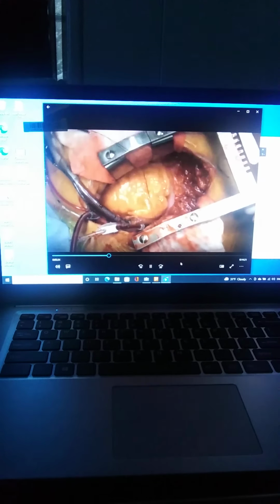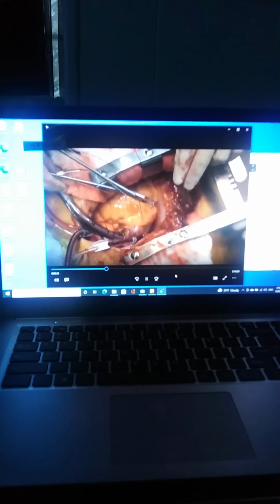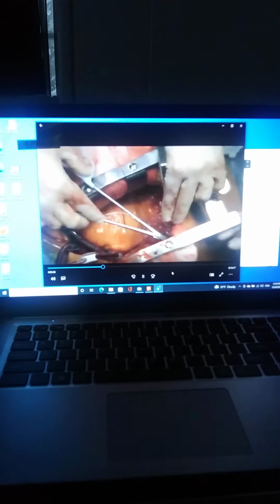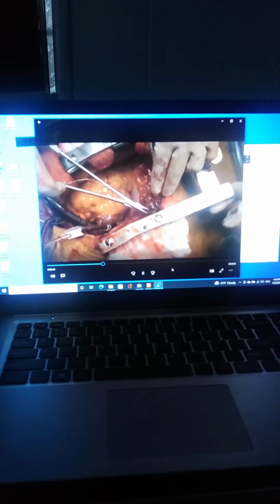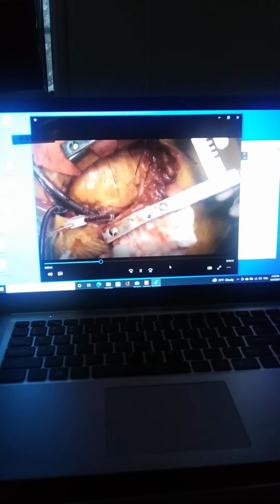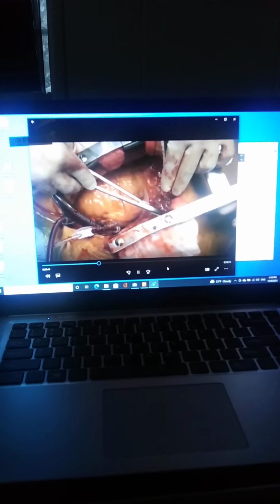The right internal mammary artery is then clipped distally and divided in a similar fashion as we did for the left internal mammary artery.